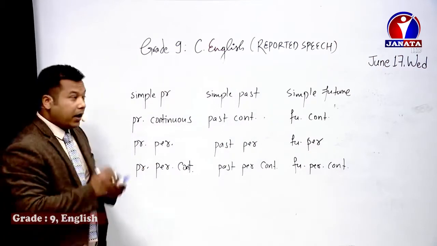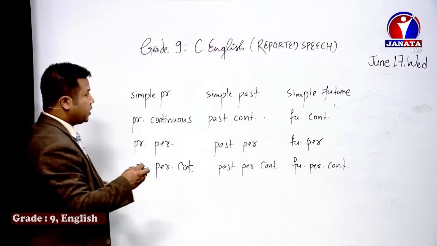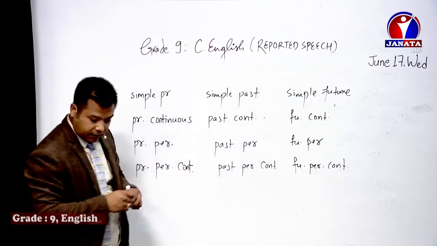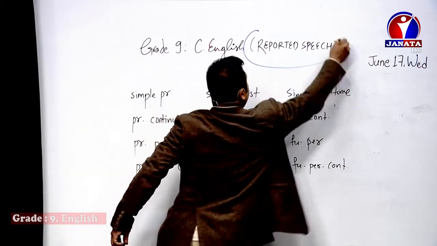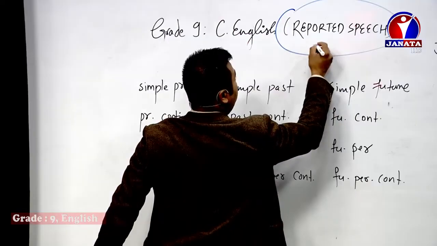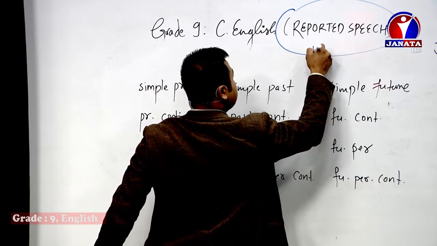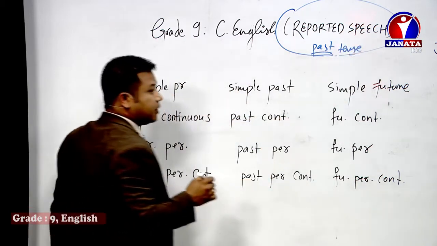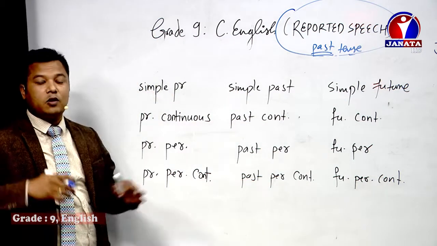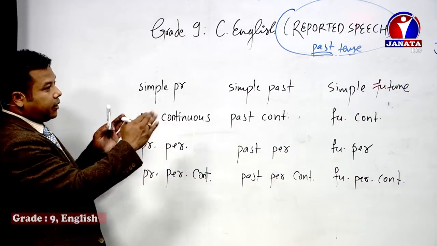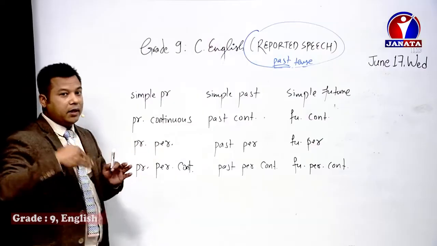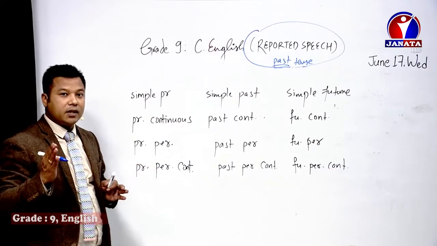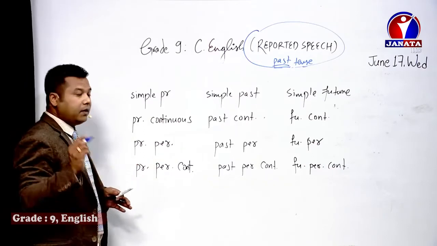All right. Now, what I'm going to teach you here is going to be interesting. If you're studying reporting verbs, and your reporting verb is past tense, your teachers must have asked you to make a lot of changes while transforming the speech from direct into indirect. What are the changes? Let's study here. I'll make it very easy.